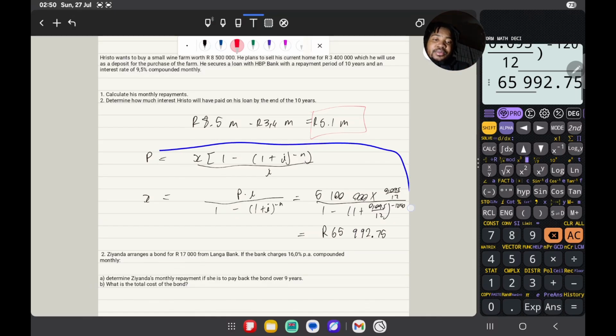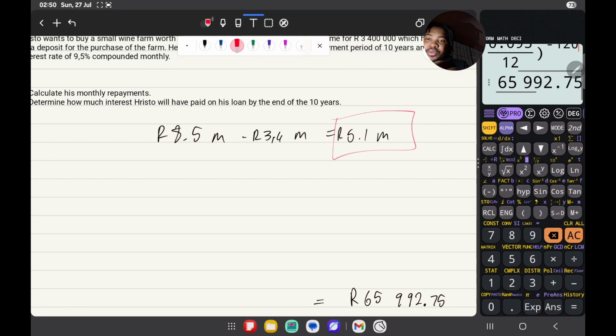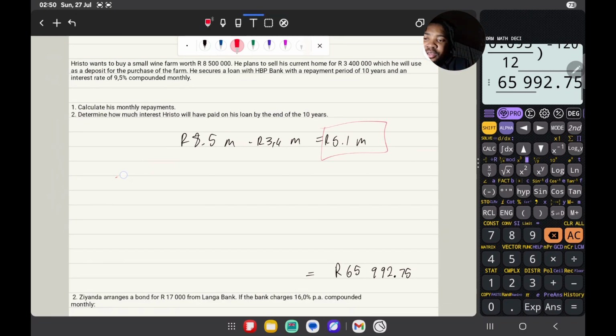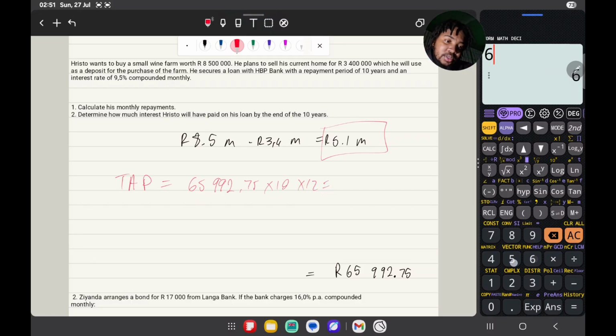So I'll make some space. What he paid, the total amount paid, is going to be 65,992.75 multiplied by 10 years, and each month, so that is 65,992.75 times 10 times 12, right?